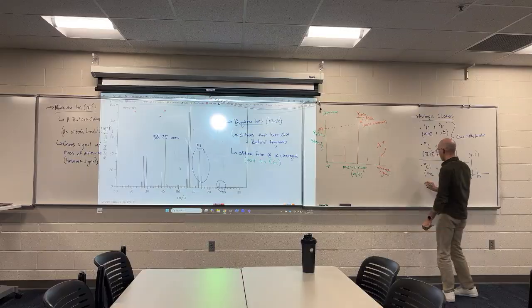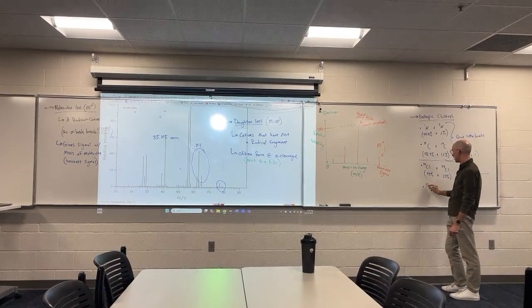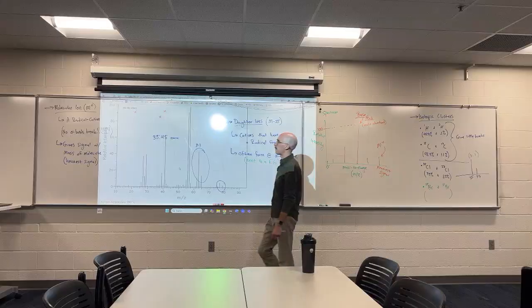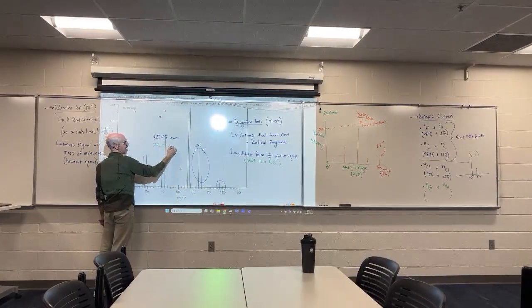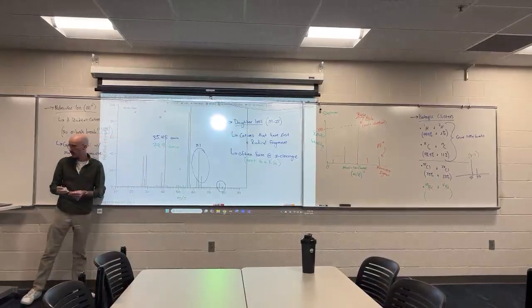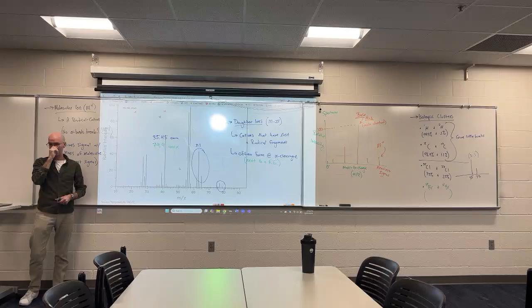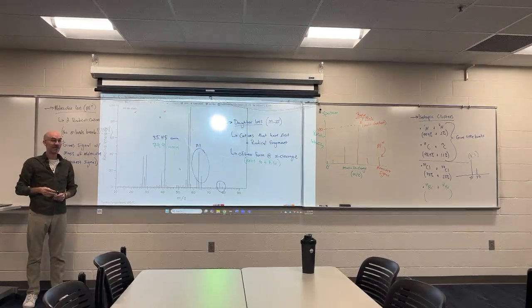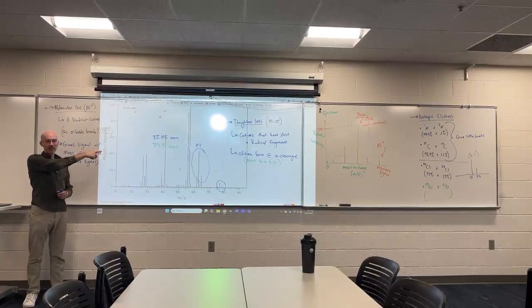The other isotopic cluster that we look at a lot is bromine 79 and bromine 81. Given that bromine has an average atomic mass of 79.9 AMU, which isotope of bromine do you think is more abundant? By how much? By just barely. This is almost 80 AMU.